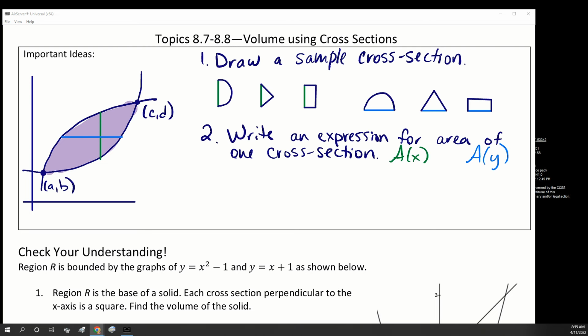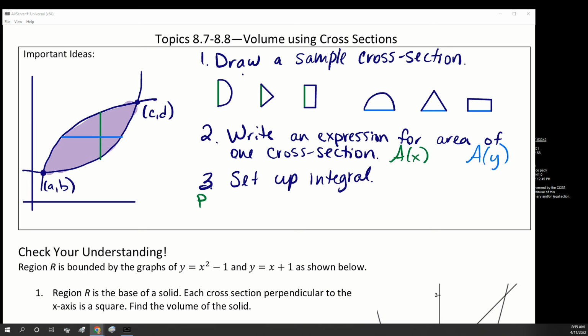And then the last step is to set up the integral. Right. And the way these will be worded, they'll either be perpendicular to the x-axis or perpendicular to the y-axis. So, whoops, I'm going to do this in green.